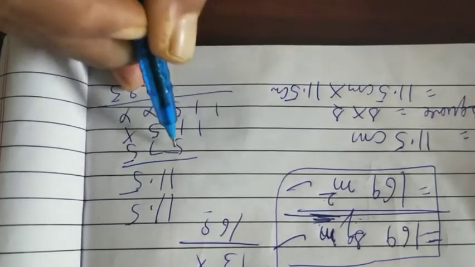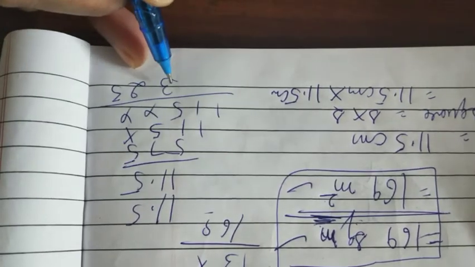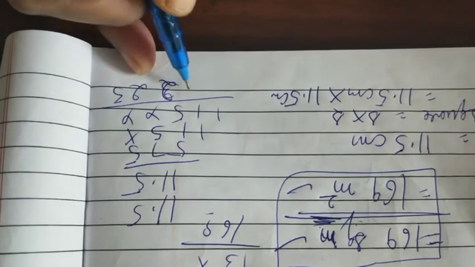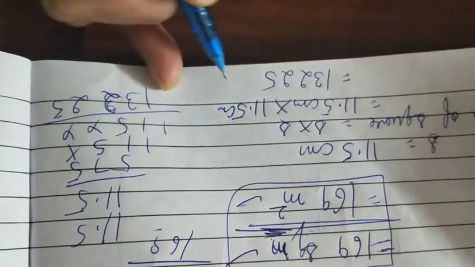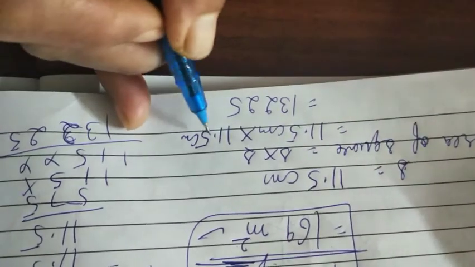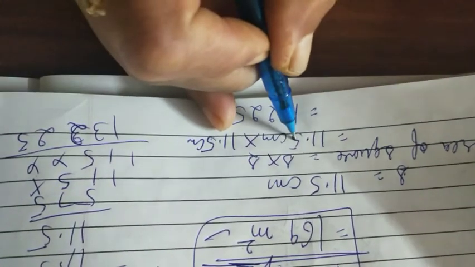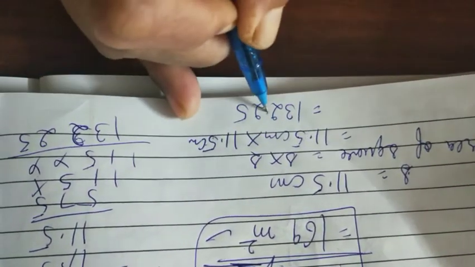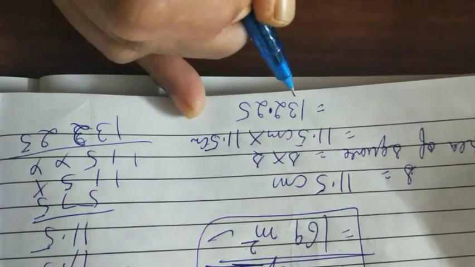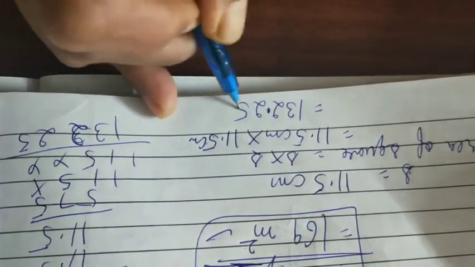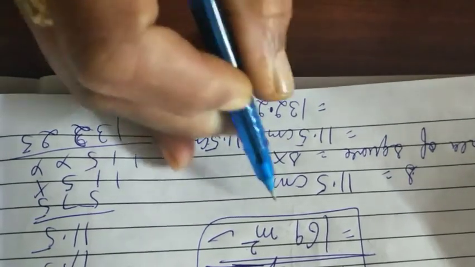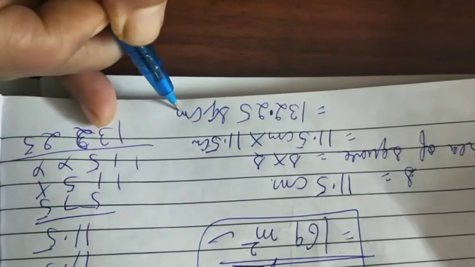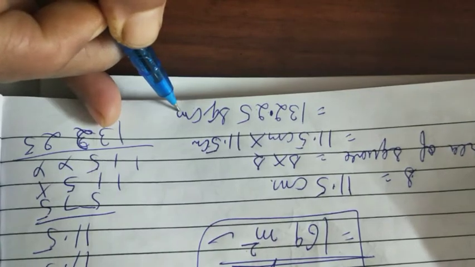So the answer is 13225. Now you have to put the decimal before one digit. So 1 and 1, 2. So before 2 digits. So the answer will be 132.25 square centimeter. Because the unit is in centimeter.